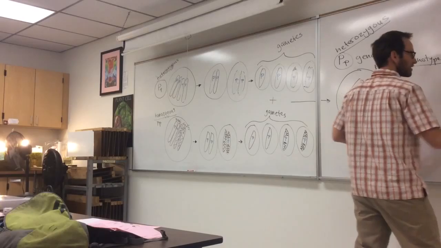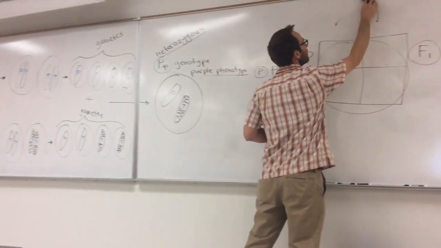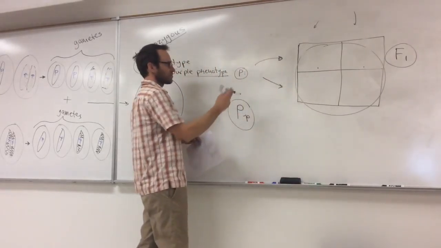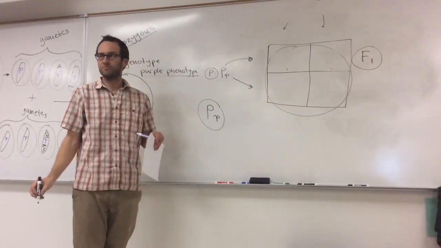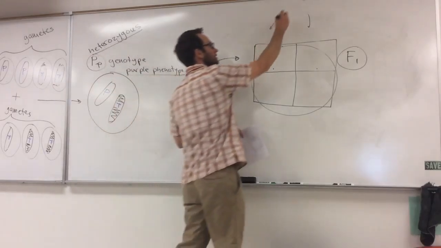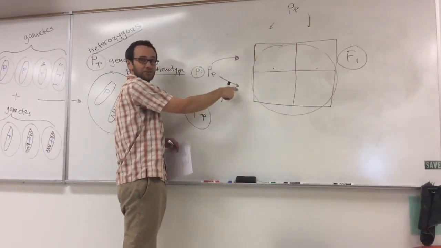I'll clear this out and do it up here so we can all see it. So our first parent is going to be big P, little p, and who's the second parent? Also big P, little p. You just separate those two letters.